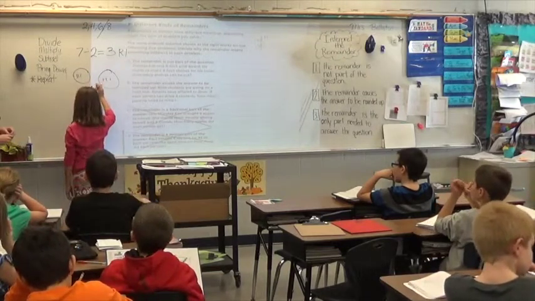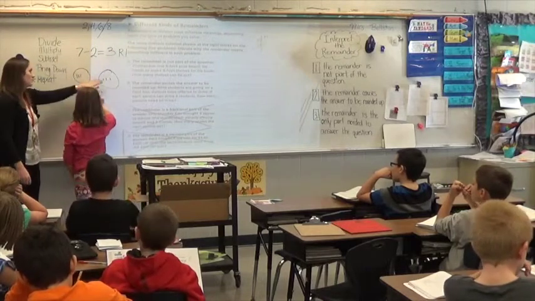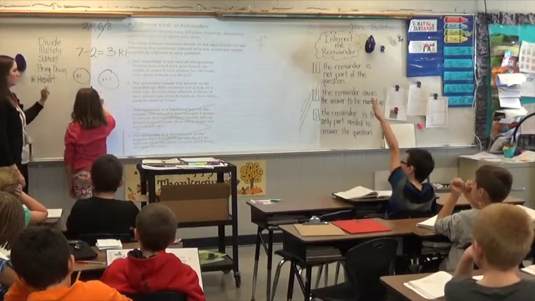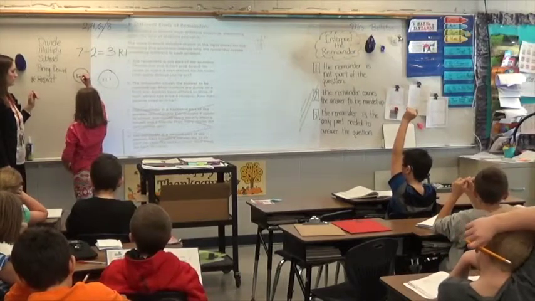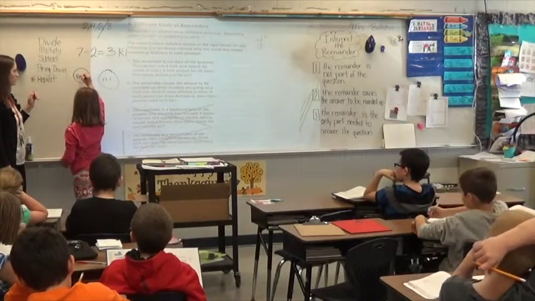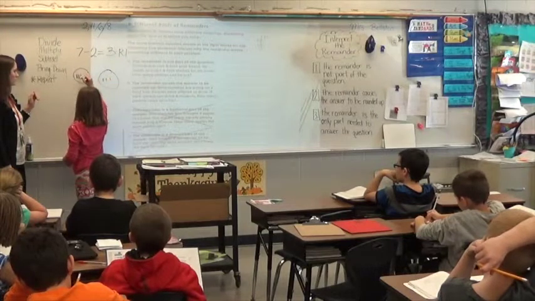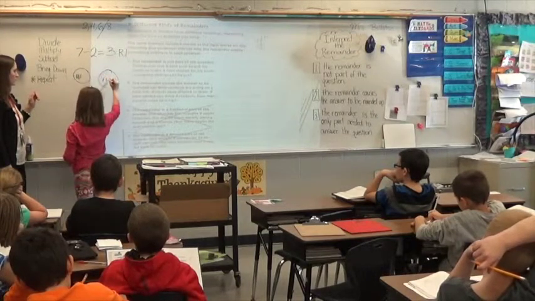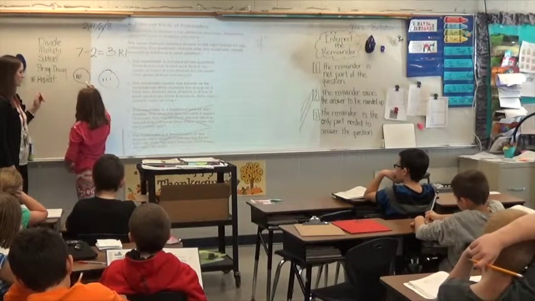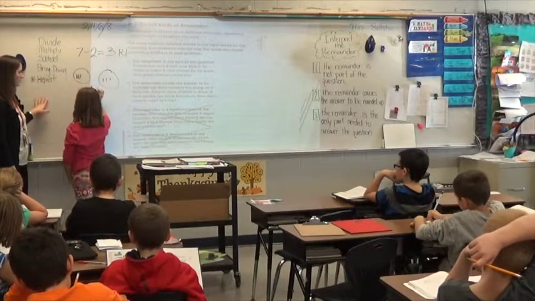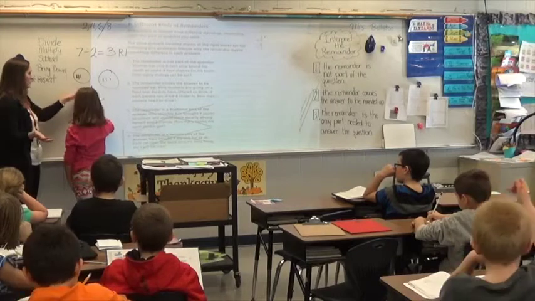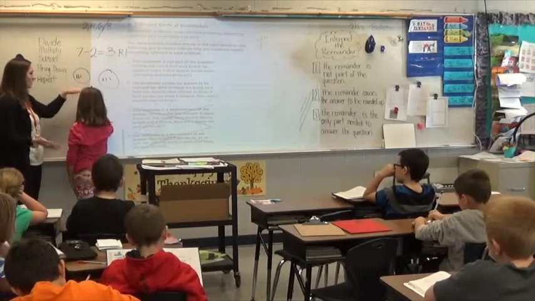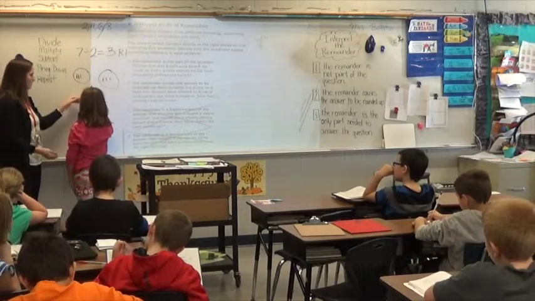Did you automatically know, because we already solved this, that there'd be 3 in each group? What if we hadn't solved it? How would you have done it? So you'd give them out until you ran out, and then whatever was left over, because they have to have the same amount, would be your remainder. Okay, perfect. Thank you.